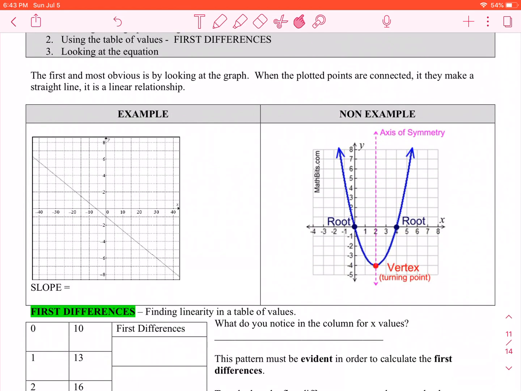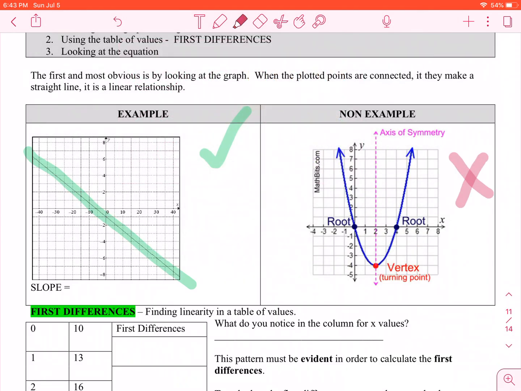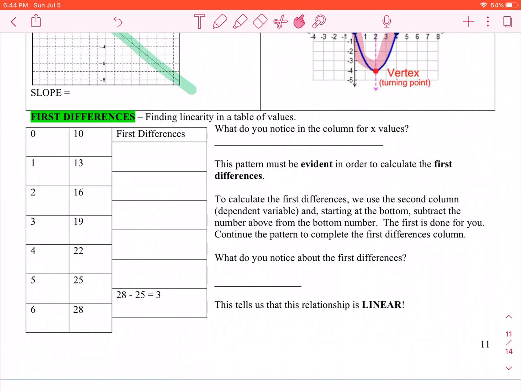Okay, so you can see here, this is definitely a linear example. It looks like a line. This for sure is nonlinear. You'll learn this when you get into grade 10, where we see something that's quadratic. So what we're going to do here is determine our first differences.